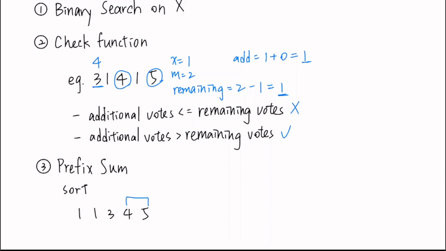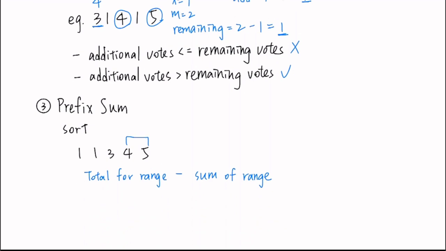So the additional votes would simply be the total votes needed for this range minus the votes that they already got. So we can do the sum of the range, which can be calculated with a prefix sum.